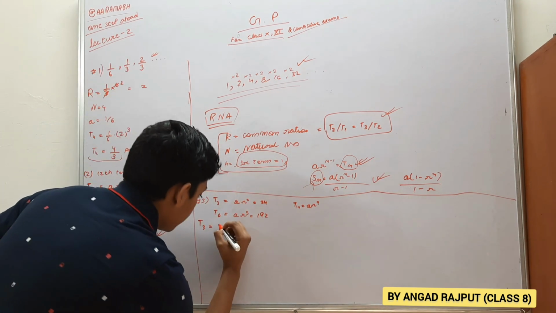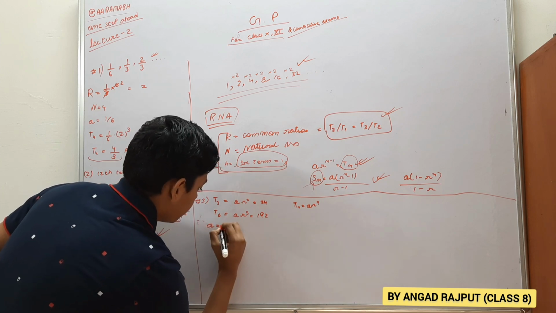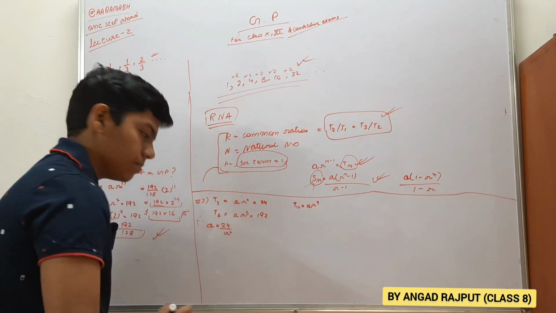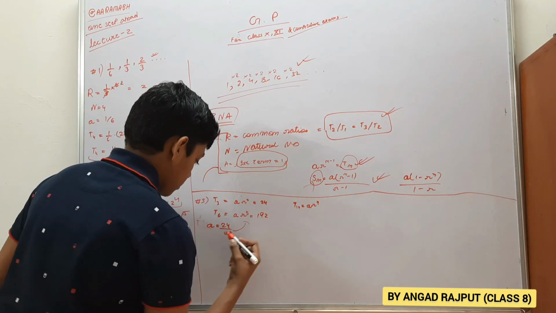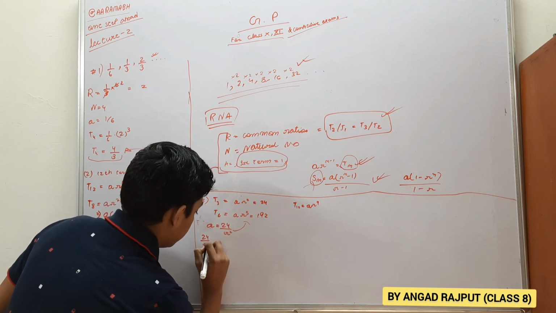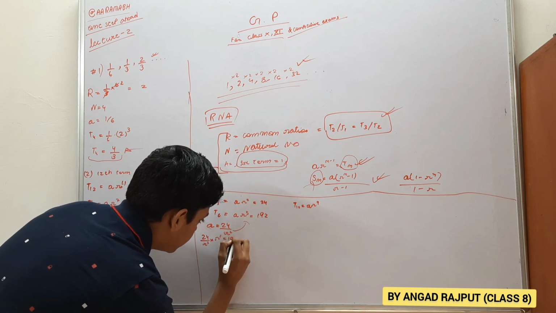First we will determine the value of A. So A will be equal to 24 by R square according to this. Now we will put this value in T6, which means 24 by R square into R to the power 5 is equal to 192.